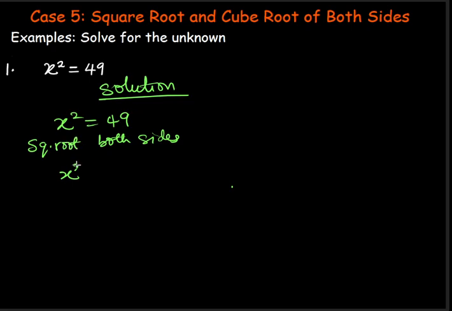So this will be x squared equal to 49. We square root and then we square root. This is what we mean by square rooting both sides. So the square root here will cancel the square, and that will give us x equal to the square root of 49, which is equal to 7. So that is what we do here.